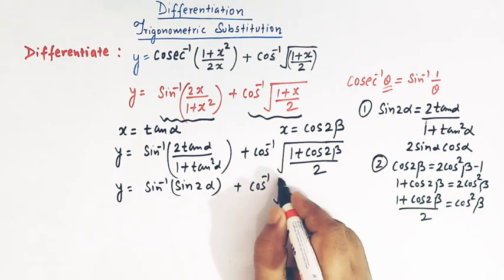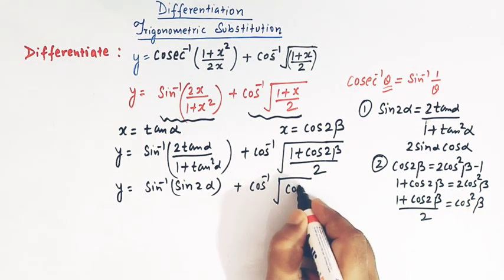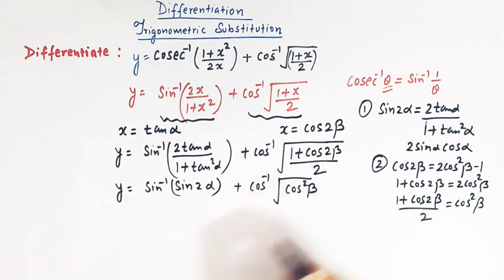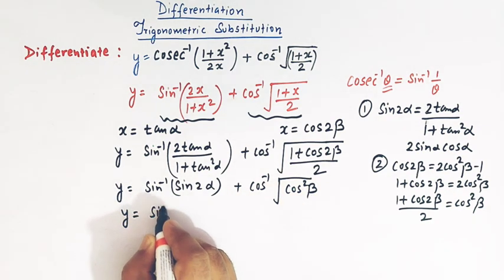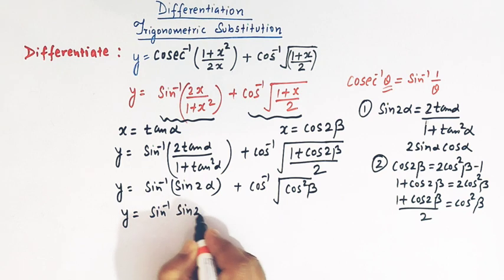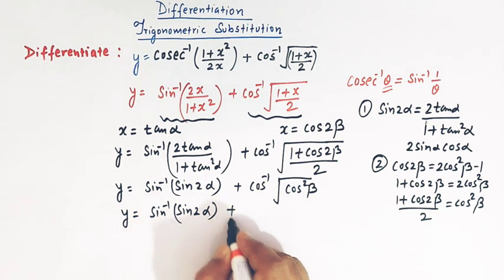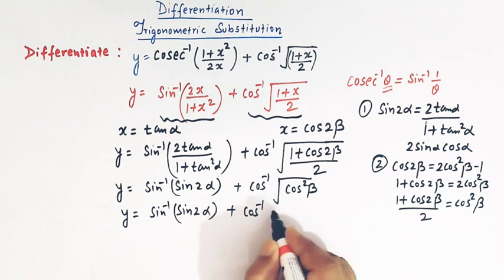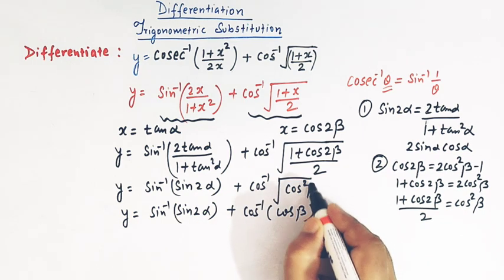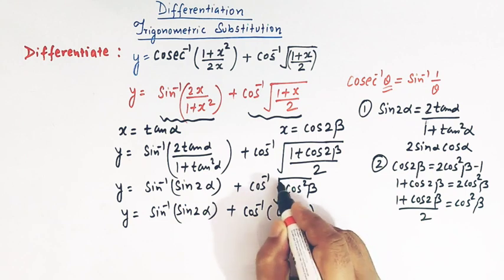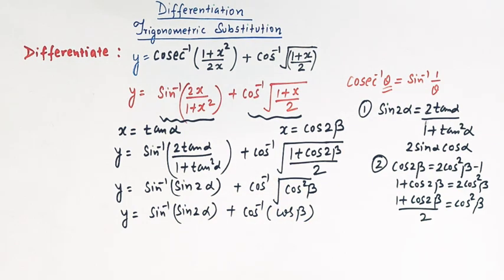So now here we have square root of cos square beta. Okay, so now we can write sine inverse of sine 2 alpha, and here we have cos inverse of cos beta, right? So we can take cos beta out of this square root sign.